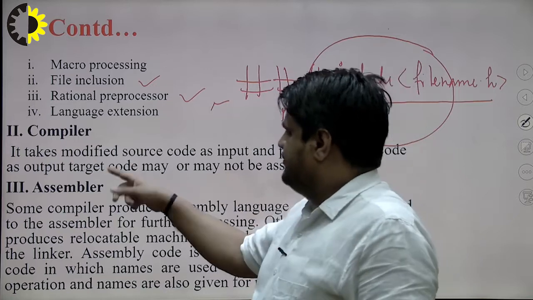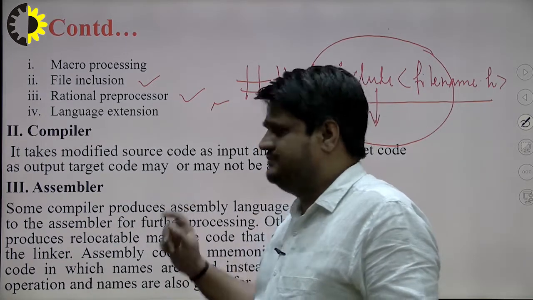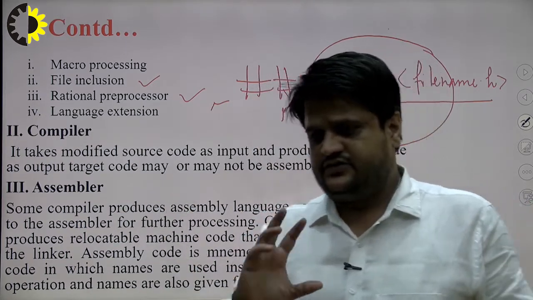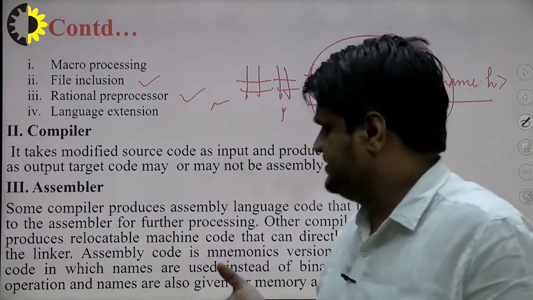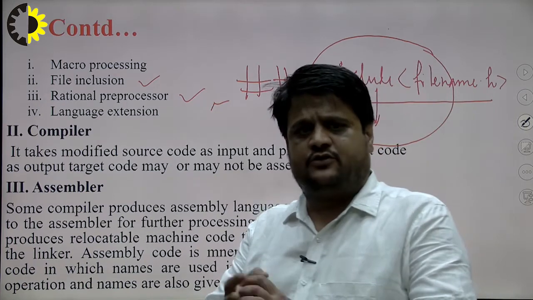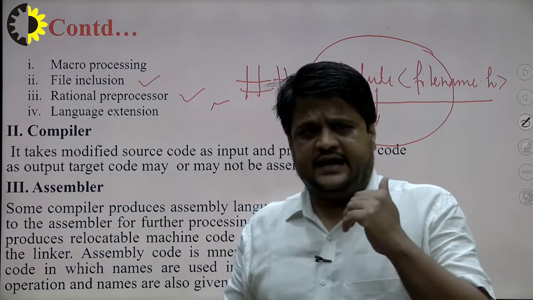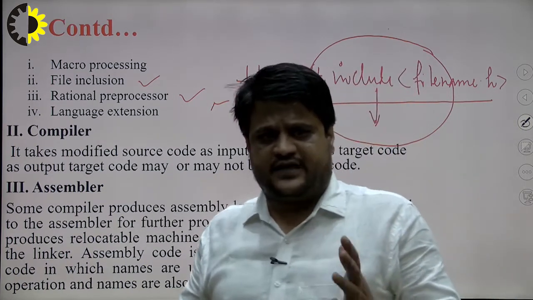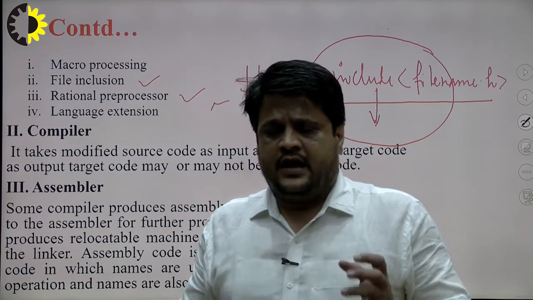If it produces assembly code, then the assembler comes into the picture. That is the third type of processor. Some compilers produce assembly code that is passed to the assembler for further processing, right?